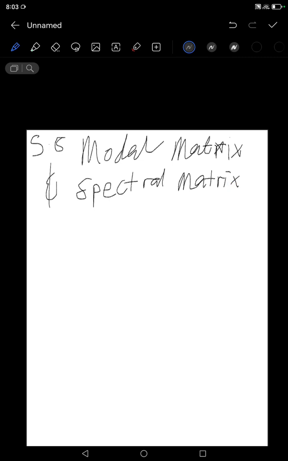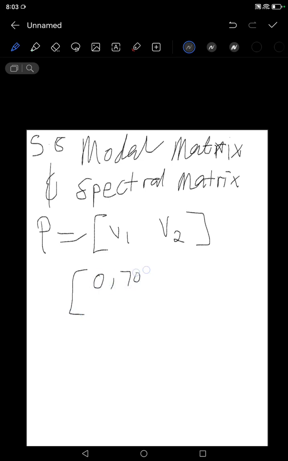To determine the modal matrix, we have the formula: the modal matrix is P equals V1 V2. Remember we determined vector 1 and vector 2. Our vector 1 was 0.707 like this, and our vector 2 was negative 0.707 and 0.707.